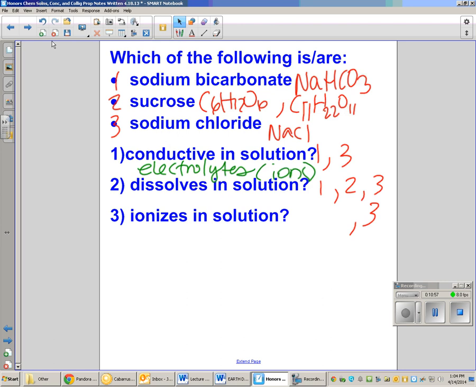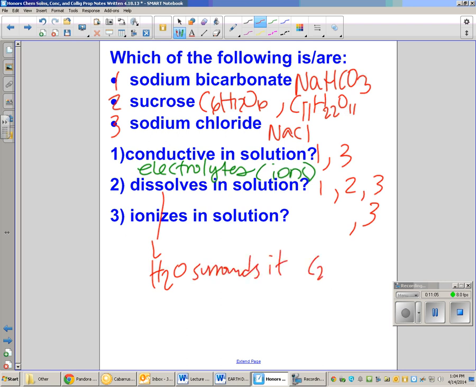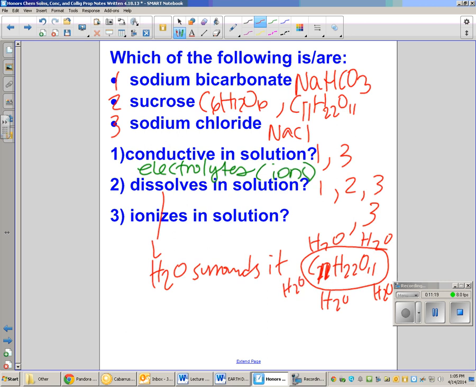The word dissolve just means water surrounds it. So I can have sucrose, C11H22O11. Here's that big, huge molecule of sucrose, and water just says, we're just going to surround the perimeter here. That's all dissolve means. Okay?